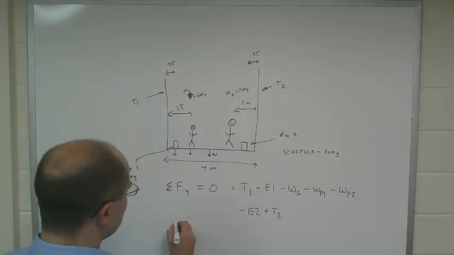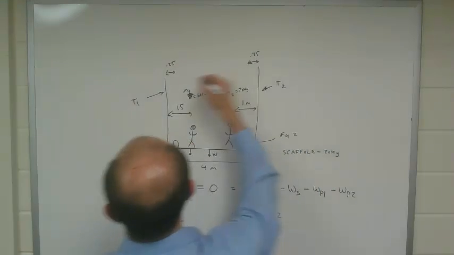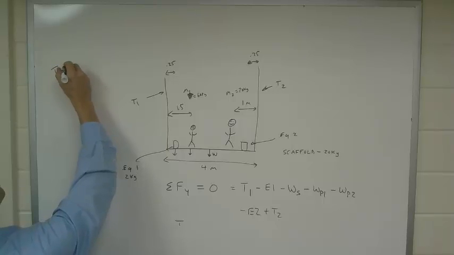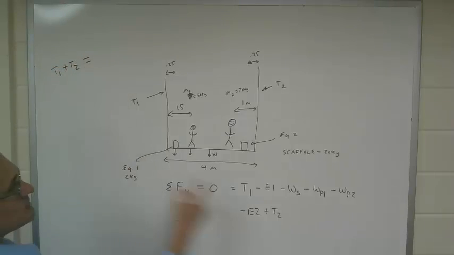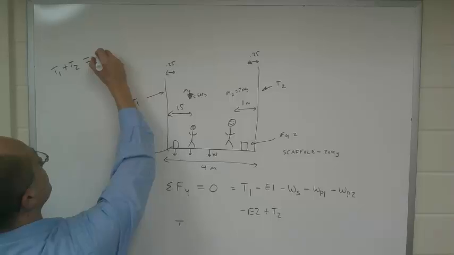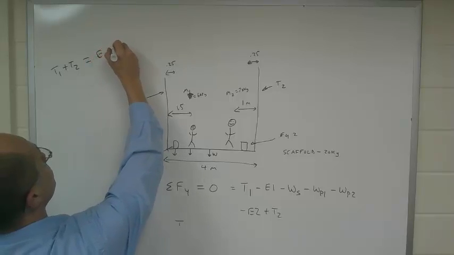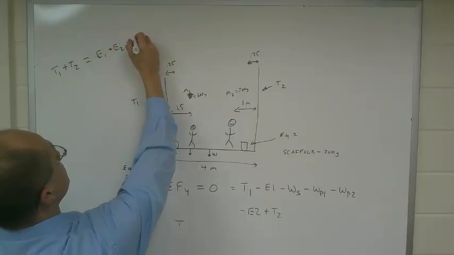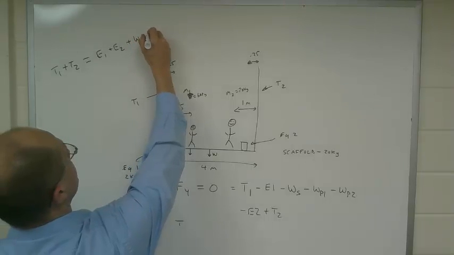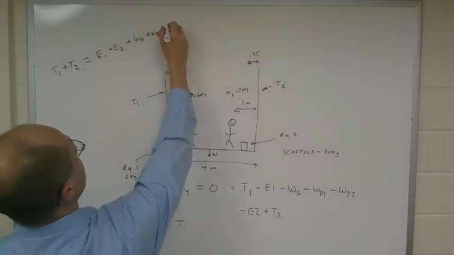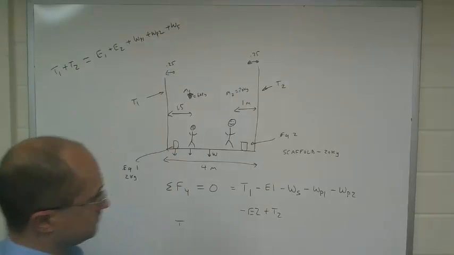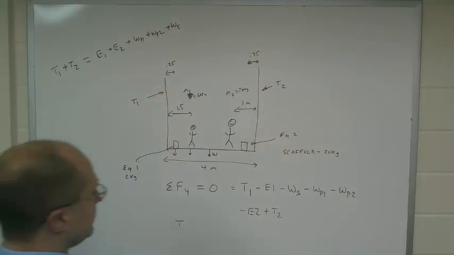So we see that tension 1 plus tension 2 has to equal all these weights. It has to equal equipment 1 plus equipment 2 plus the weight of person 1 plus the weight of person 2 plus the weight of the scaffolding. So that's what we know in the y.